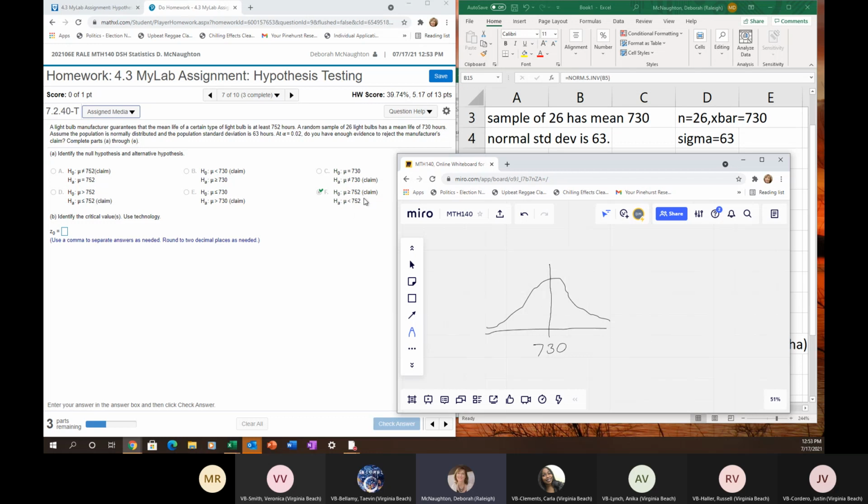And what this is saying, we're claiming that the mean is greater than 752, and we base this on the alternative. Okay, this seems really weird to me. But it would be out here. But when we're checking the alpha level, I shouldn't have drawn that.